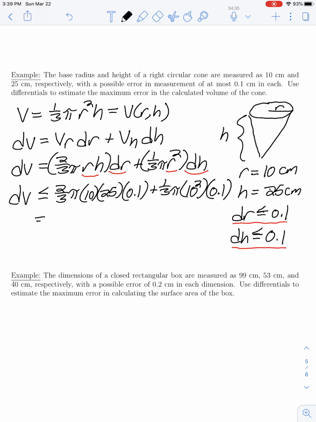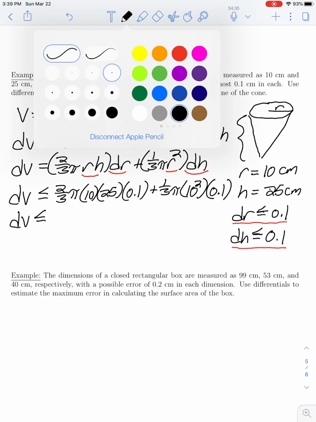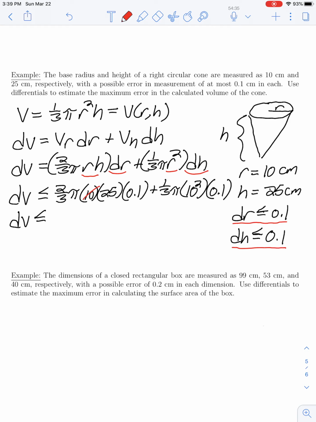So here, let's simplify a little bit. We have dV is less than or equal to, well, here our 10 and 1/10 cancel. Here we have a 100 times 1/10, which reduces to 10.